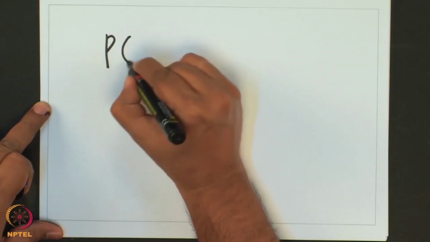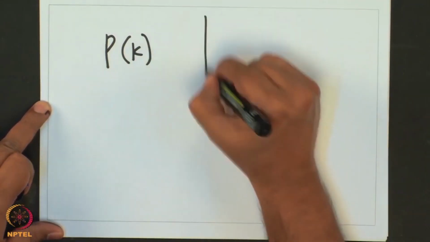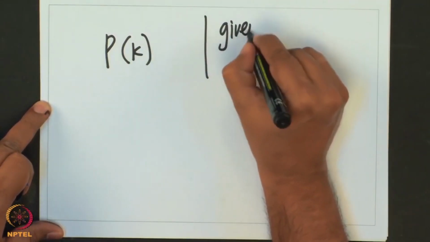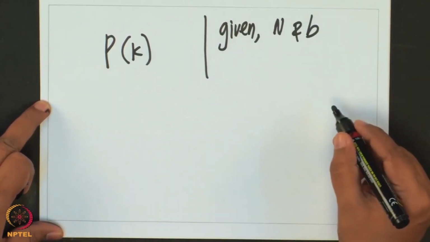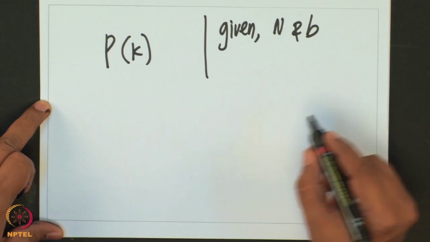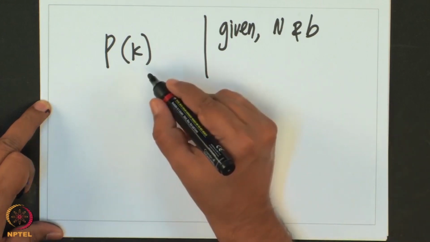Now, we would want to know what is the mean number. For example, we have P of k for a given n and b. So given n and b, we have P of k. Now, what is the mean value of k?